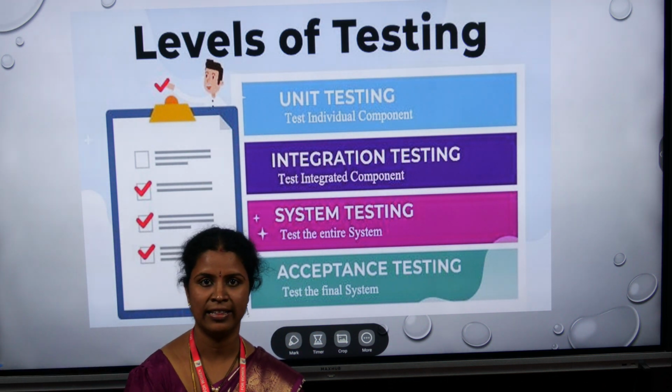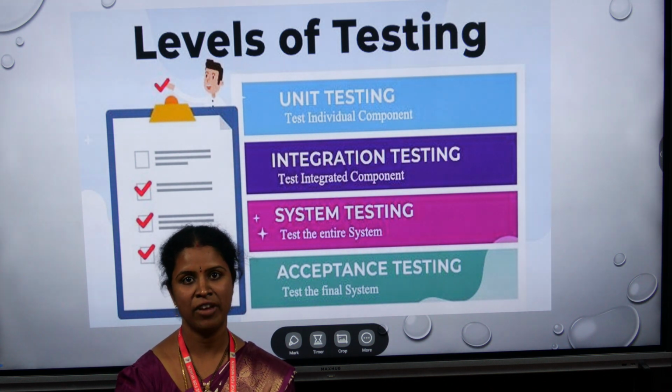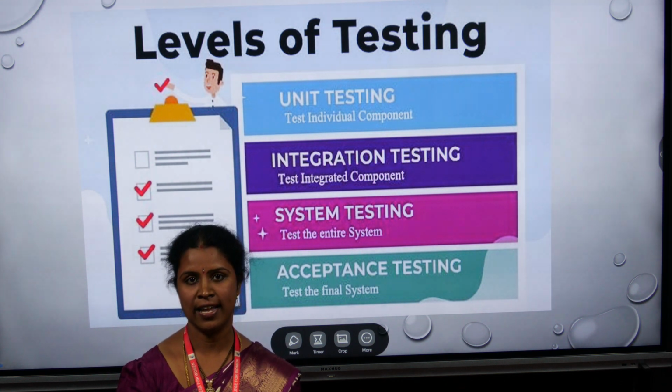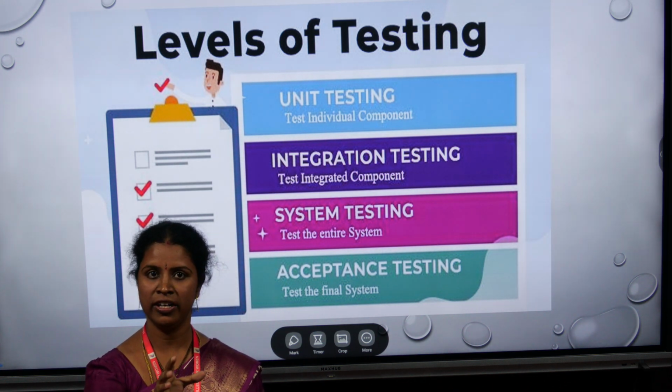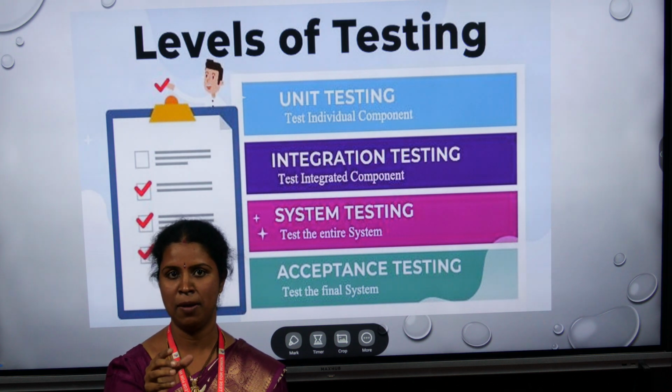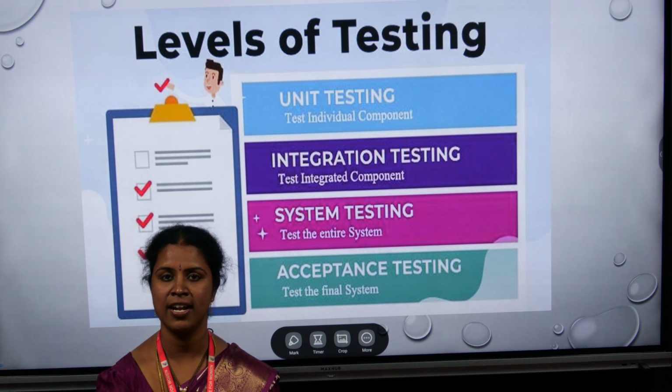Next, we will do system testing. System testing is testing the entire system. In the login page, we have username, password, the login button and the reset button. Here we do the testing. In integration, we covered username and password, whereas in system testing, we should cover the login and reset buttons.